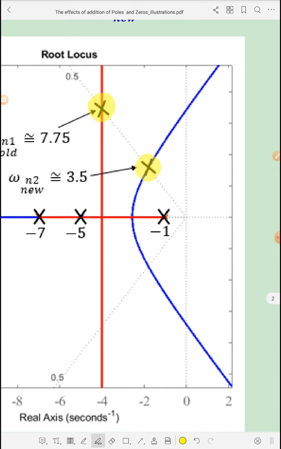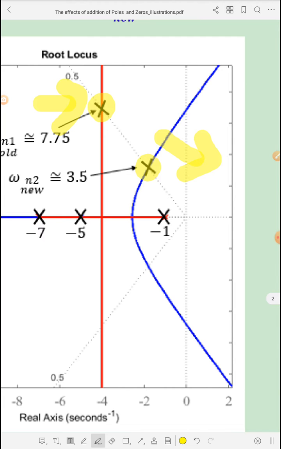Since all time related parameters are inversely proportional, the time of the new system will be larger than the time required for the old system, or the time of the old system is smaller than the time of the new system.